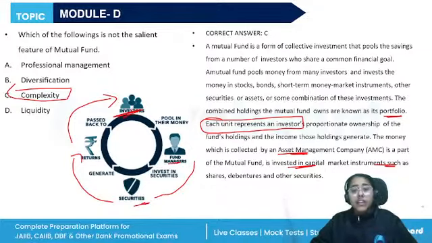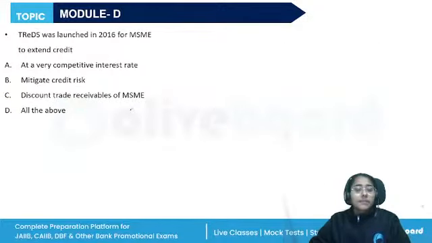Closed-ended, which runs for a specific period. Interval, which allows the fund house to purchase the units only during a particular pre-decided time period. Then the schemes can be equity schemes, debt schemes, hybrid, solution-oriented, or any other. Again, a very important chapter. You should know about all of these products.